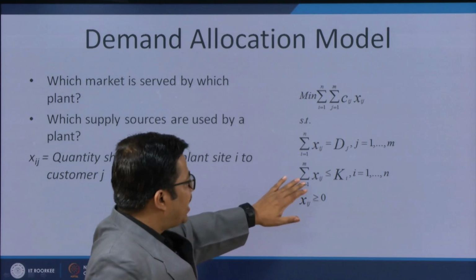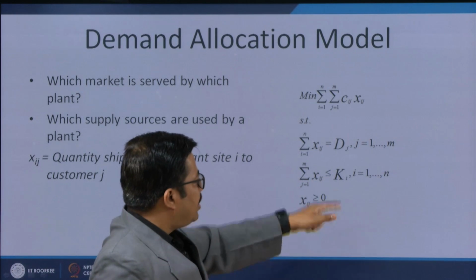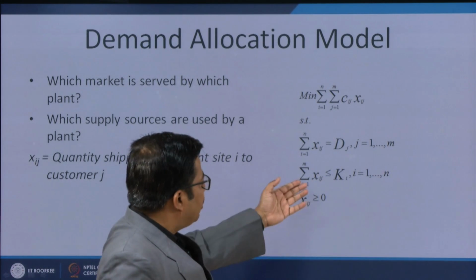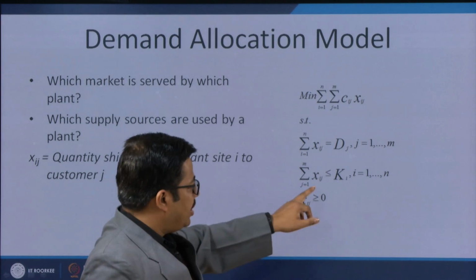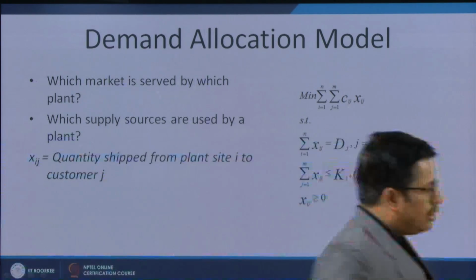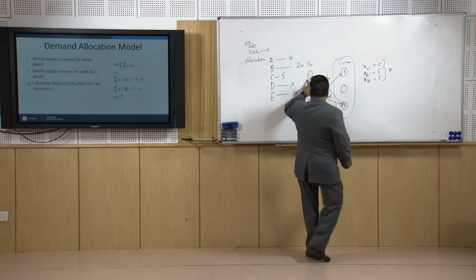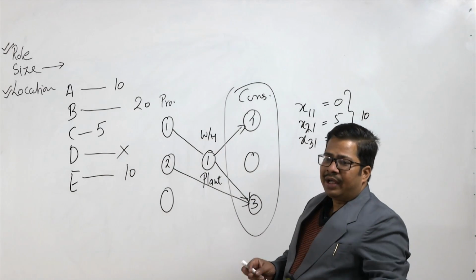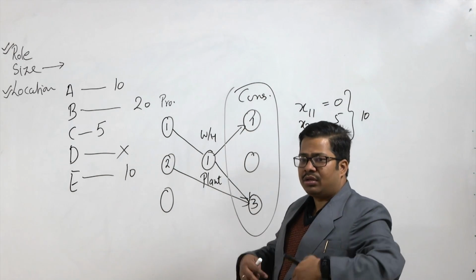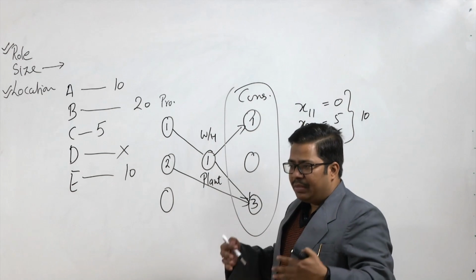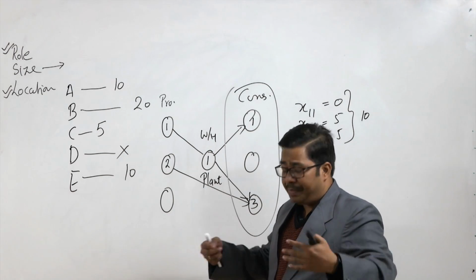Now coming to the second constraint, the second constraint is about the supply. A particular source cannot supply more than it is producing. It cannot supply more than its capacity.